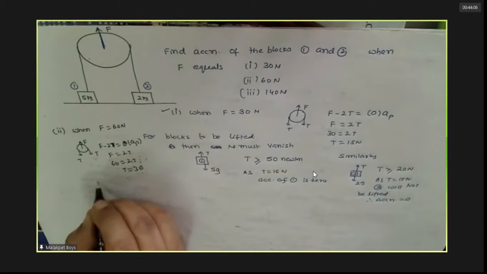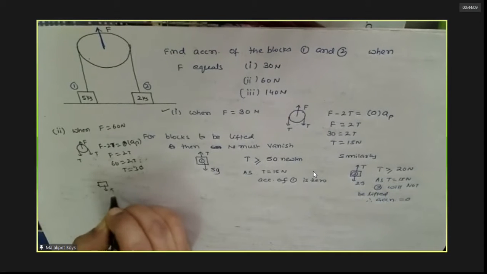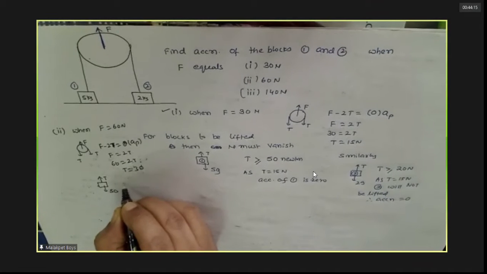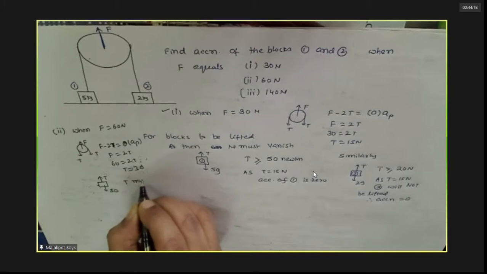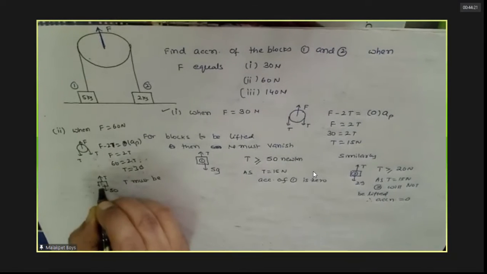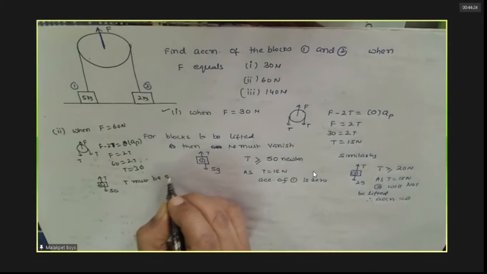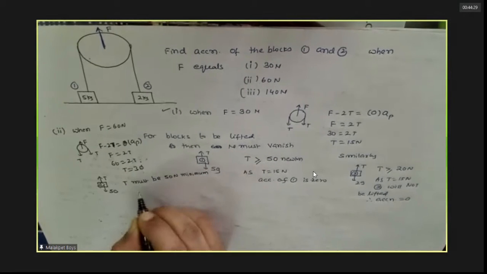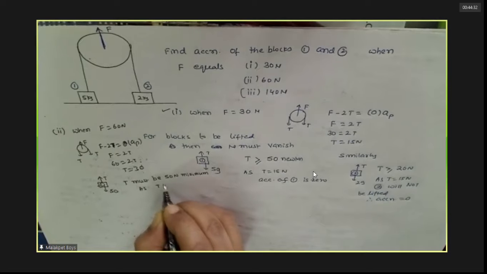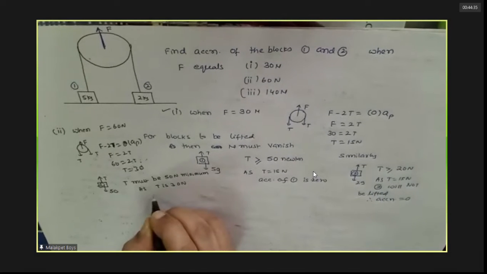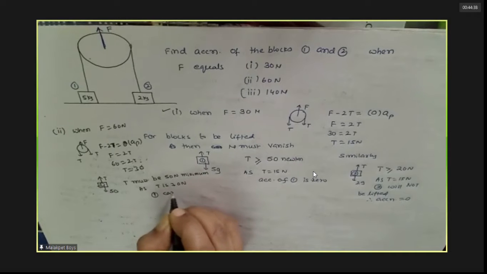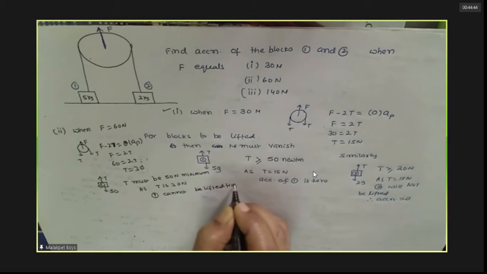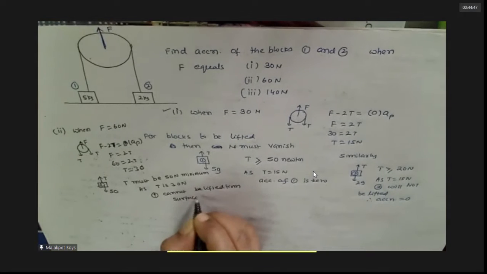So now you can see that this is 50 newtons. So now required is, as available, block 1 cannot be lifted now. So what is its acceleration?